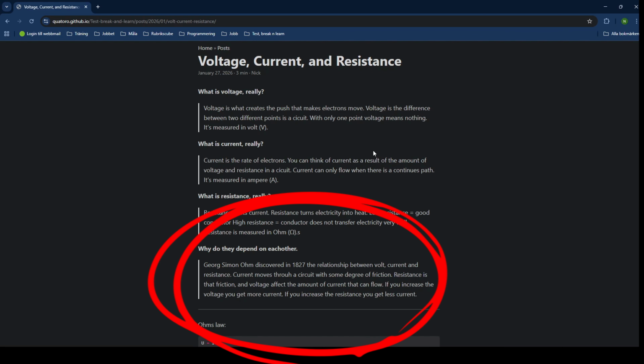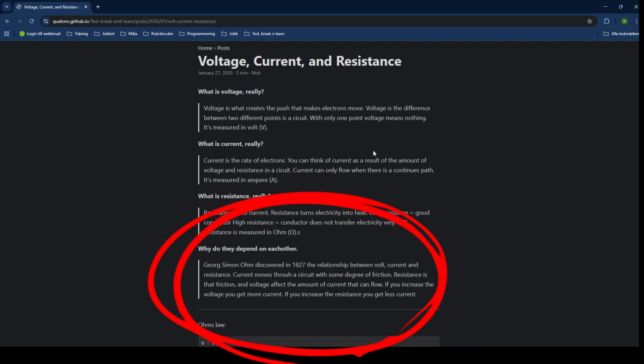And how they depend on each other was discovered by a guy named Georg Simon Ohm, who discovered in 1827 the relationship between voltage, current and resistance.